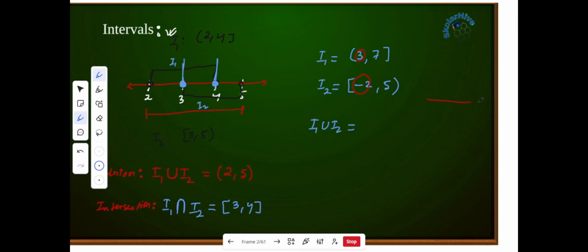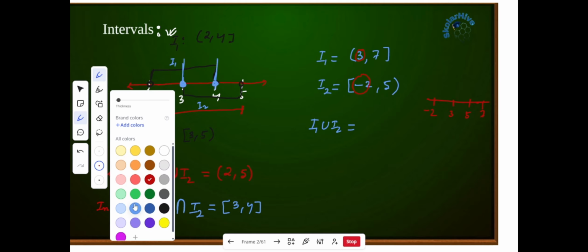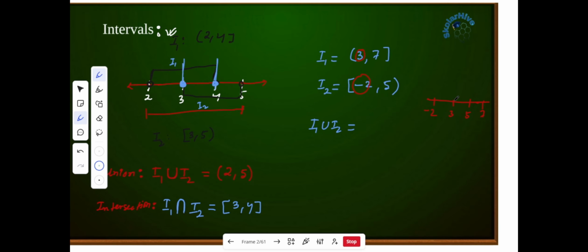So we mark -2 here, 5 here, 7 here, and 3 here. The first interval is from 3 to 7, open at 3 and closed at 7. The second interval is from -2 to 5, where -2 is included and 5 is not included.